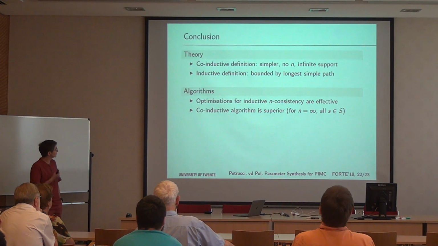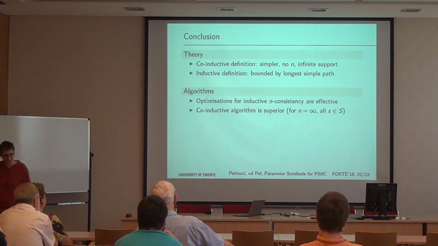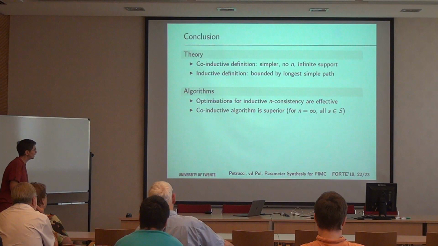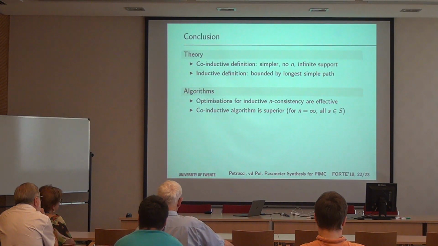Then the inductive definition was bounded by the longest simple path instead of the whole set of states, and the algorithms have shown some optimizations for inductive and consistency that are effective, so caching and some assumption.